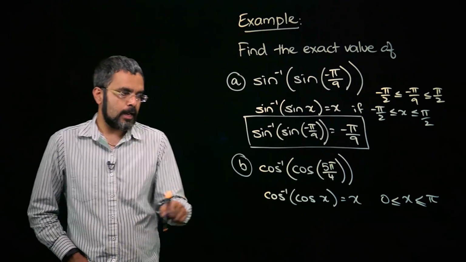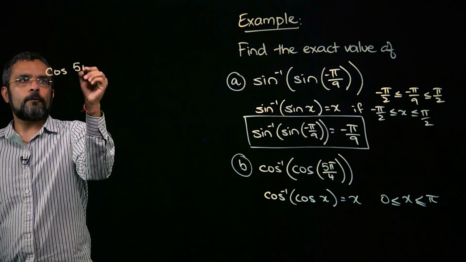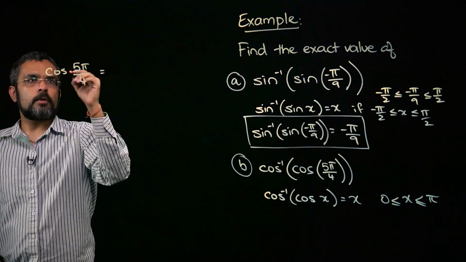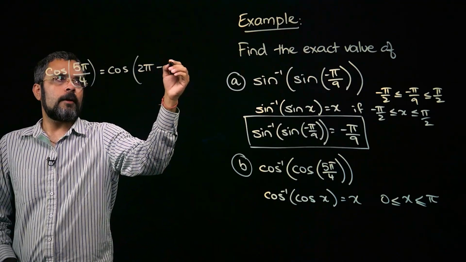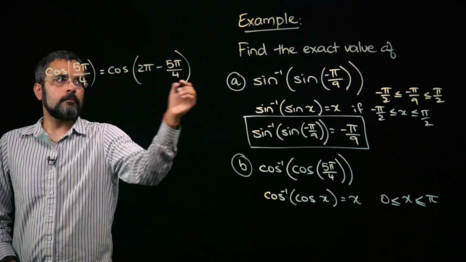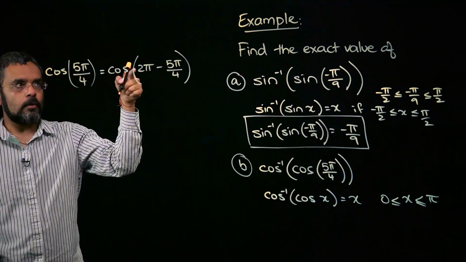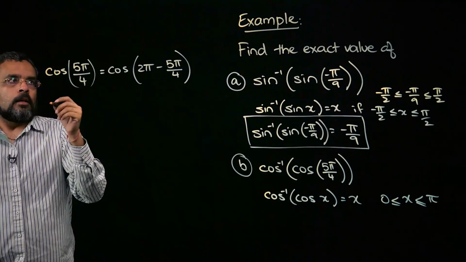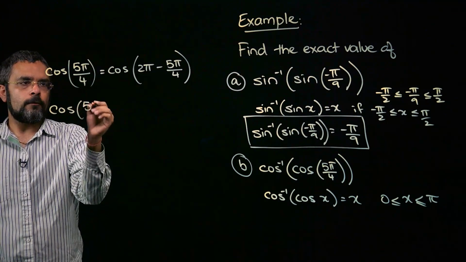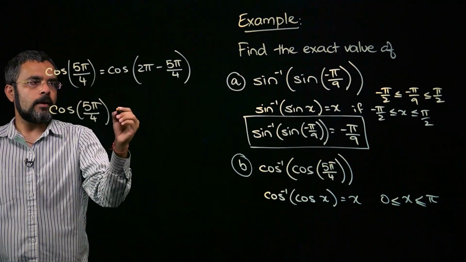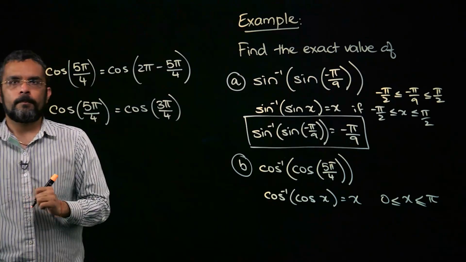So I know that cosine of 5 pi over 4 is also equal to cosine of 2 pi minus 5 pi over 4, because the period of the cosine function is 2 pi. If I take one more revolution, I'm going to end up at that point. If you simplify this, you get cosine of 3 pi over 4.